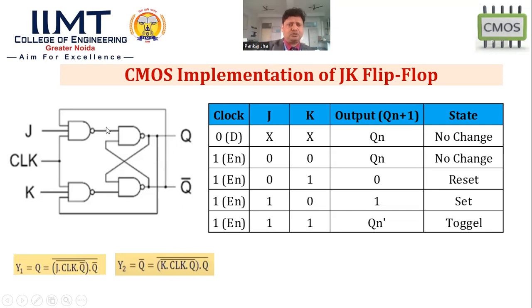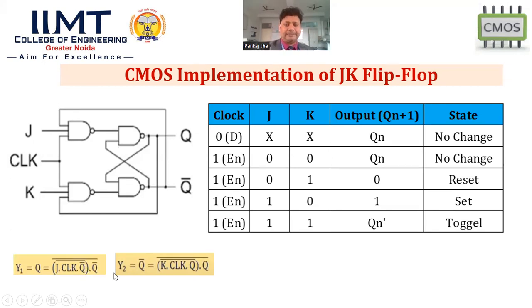This output of the NAND gate will be further multiplied by Q bar, and since it is again a NAND gate, the whole function will be complemented. I think it is understood by all of you that J dot clock dot Q bar complement is multiplied with Q bar, whole complement. So basically, this is the function we will have to implement when we do the CMOS implementation of the circuit.